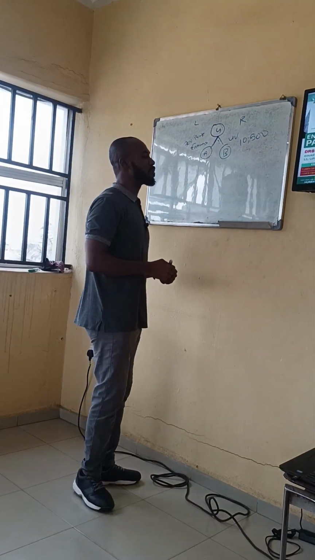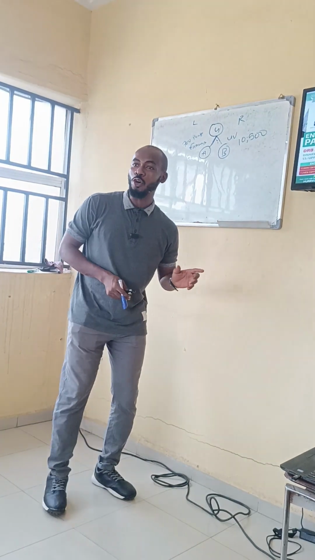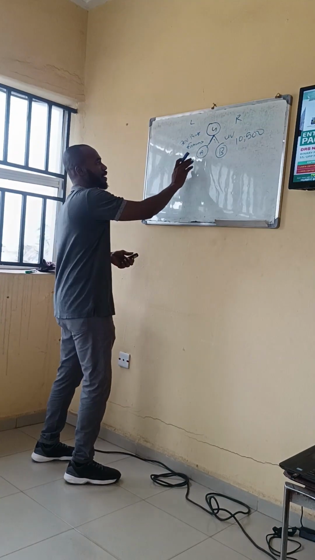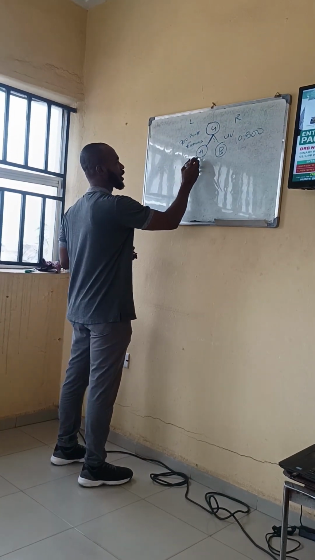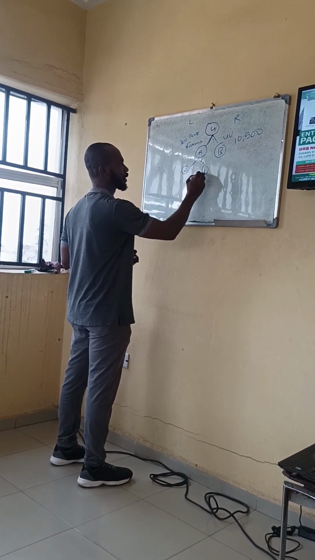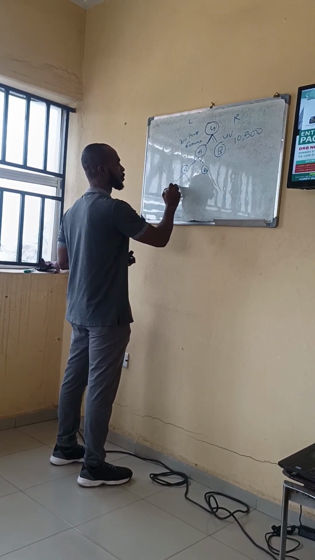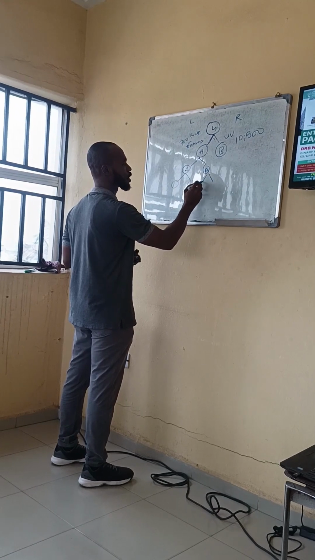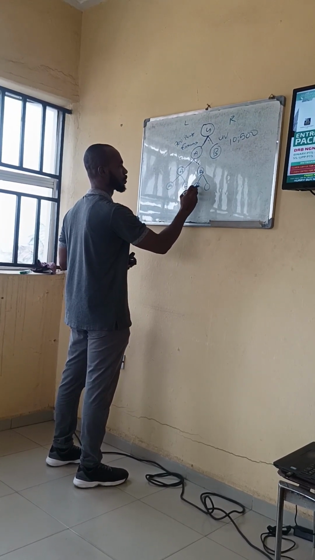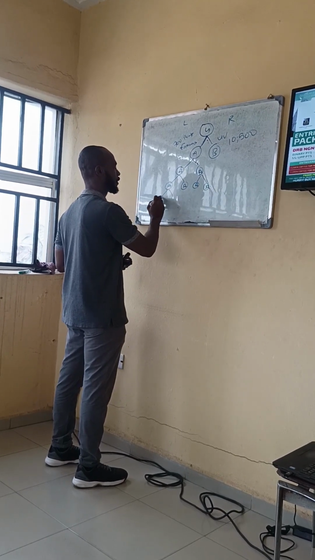So what it simply means is, let me use this now. This person here did 15 accounts. Let me use 15 accounts so that we'll understand it better. This person's 15 accounts are what?